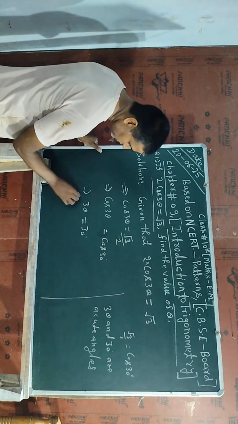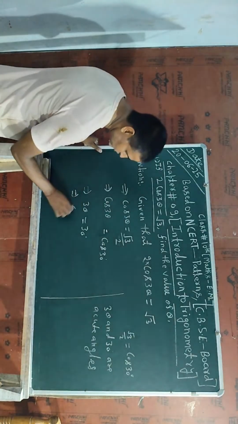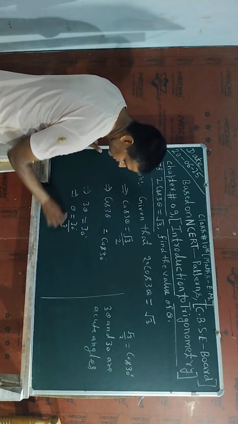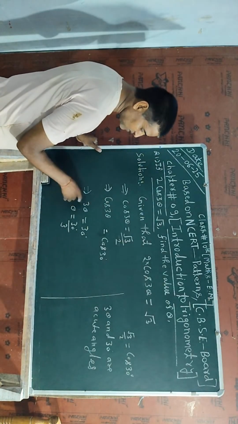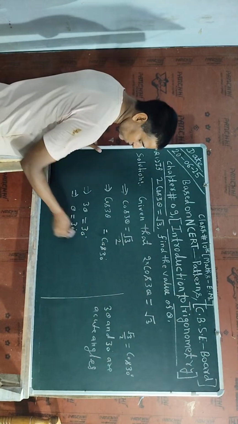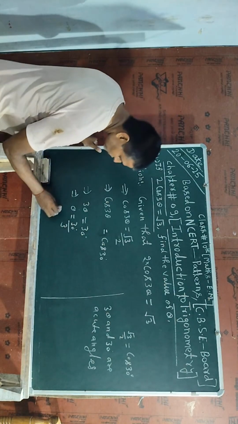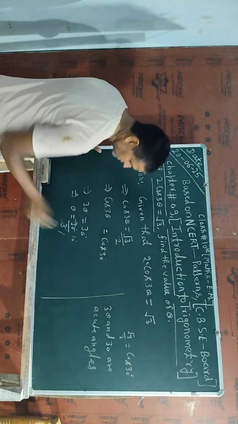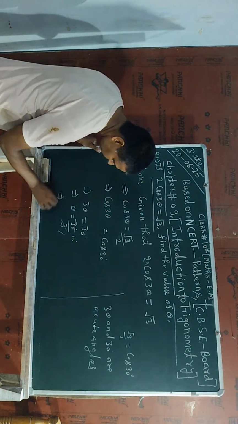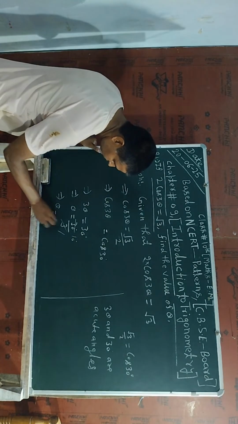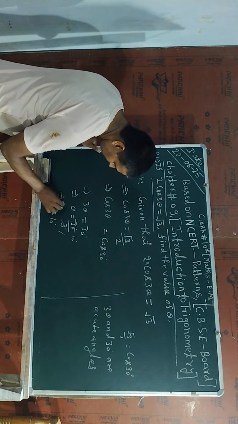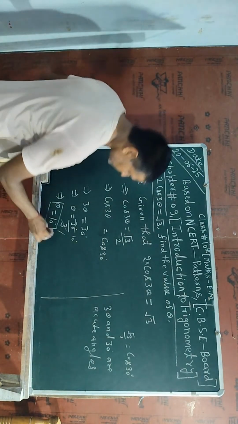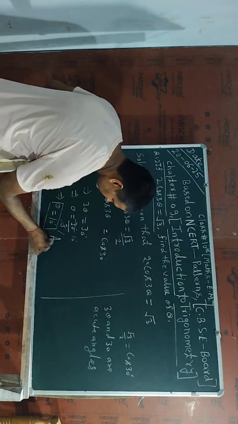Because 3 is multiplied with theta, it will go to the right hand side, so 30 degree will be divided by 3. 3 ones are 3 and 3 tens are 30. So after simplifying, I have got the value of theta, that is 10 degree, and 10 degree is also an acute angle. So this is my answer to the given question.